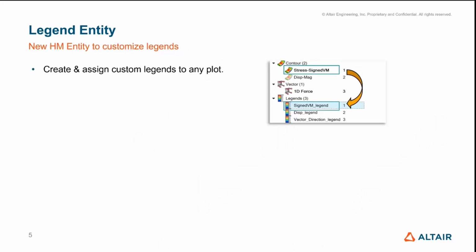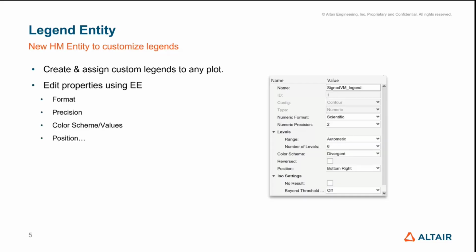This entity basically lets you define any custom legend for any kind of plot, contour, vector, or tensor plot. So for different types of results, you may want different types of legends to be shown on the screen. So you could define that and then associate it with the plot.